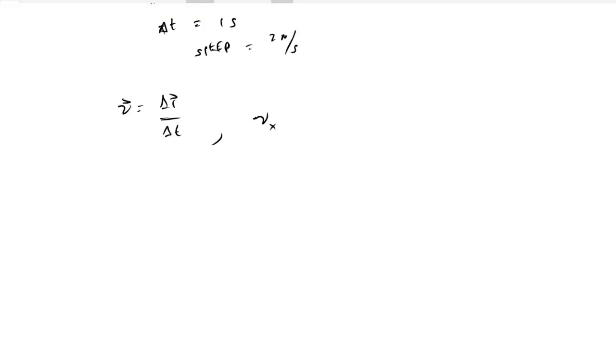So the velocity in the x direction would just be the x displacement per time. Okay, so it's how it moves in the x direction divided by how long it took to move there. And then the velocity in the y direction would be equal to our displacement in the y direction over time.